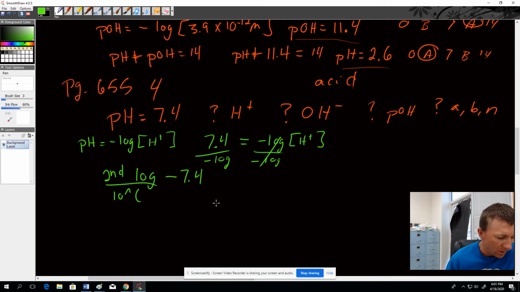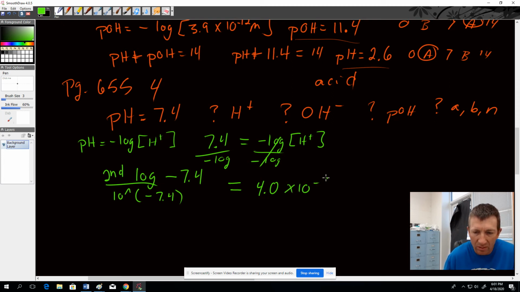That's how you put it in your calculator, and it's going to look like 10 to the negative 7.4 in parentheses. This equals, if we round it, 4.0 times 10 to the negative 8th. It's actually 3.98, but 4.0 times 10 to the negative 8th is what H plus equals.